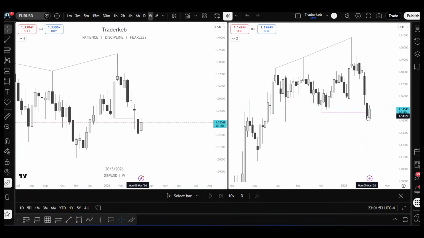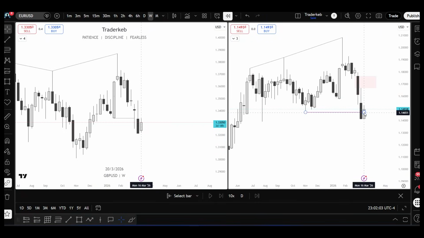Now we can either get a reversal back into this fair value gap, which will probably not happen this week, I think. So this weekly candle can either just consolidate because price has delivered into a relevant key level. So it can go into a new phase by consolidating, or it reverses, or it disrespects this level. It fails to manipulate this level and trade to this low.